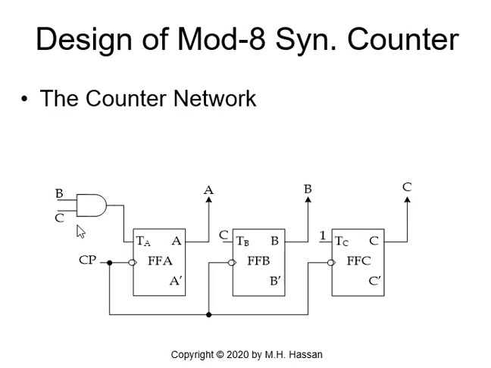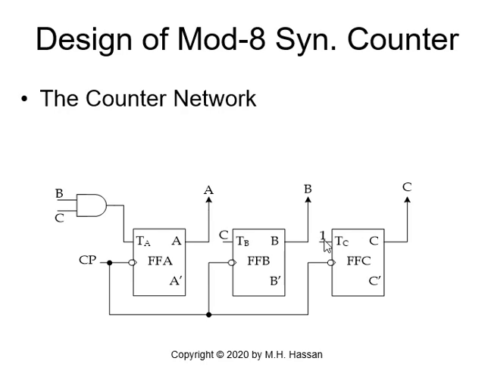Okay, it's not shown, those lines have to go here. And TB will be C, and TC will be 1, we just connect it to logic 1 input, and we have a complete counter, the logic network of the counter completely done.